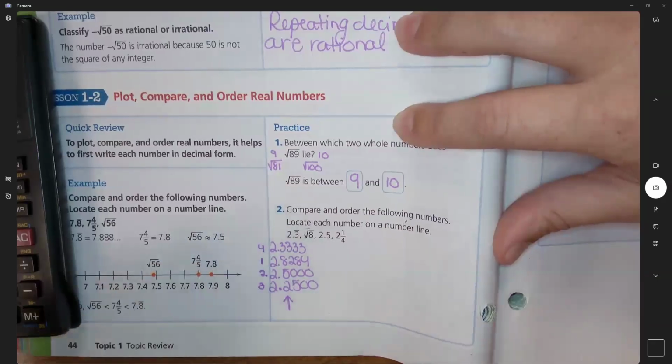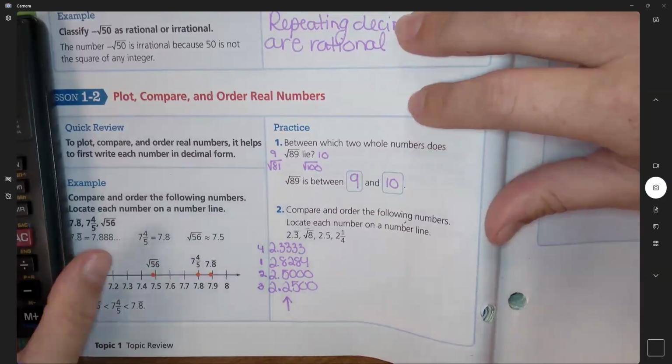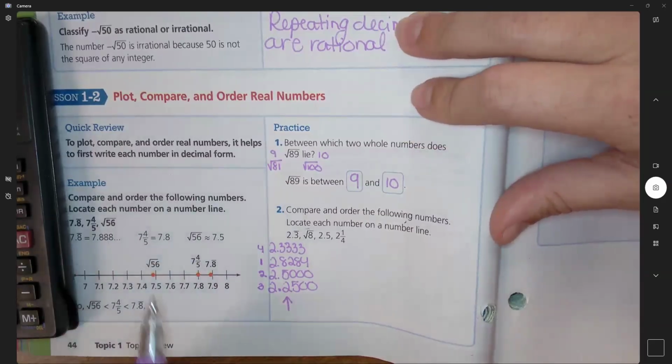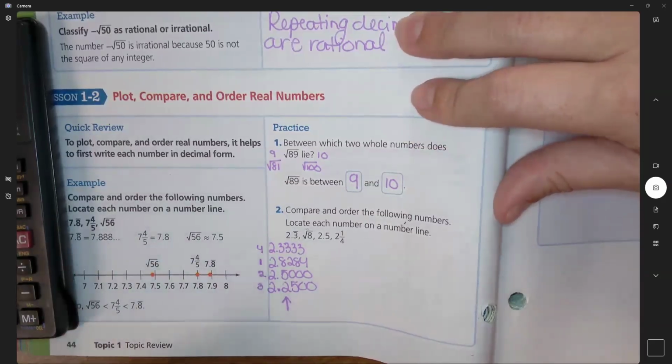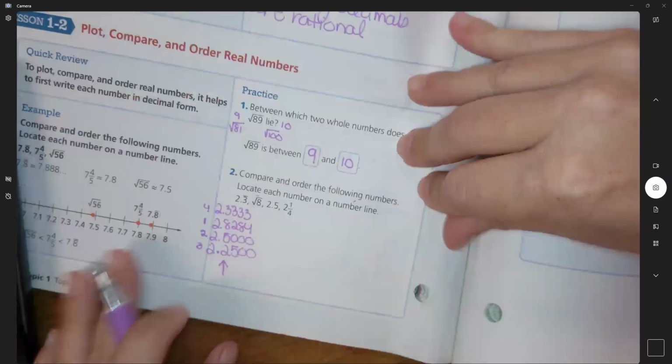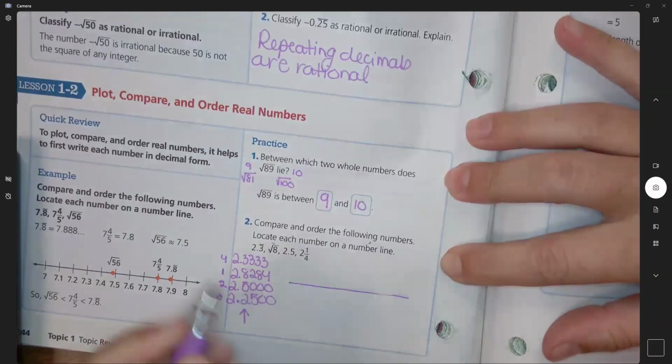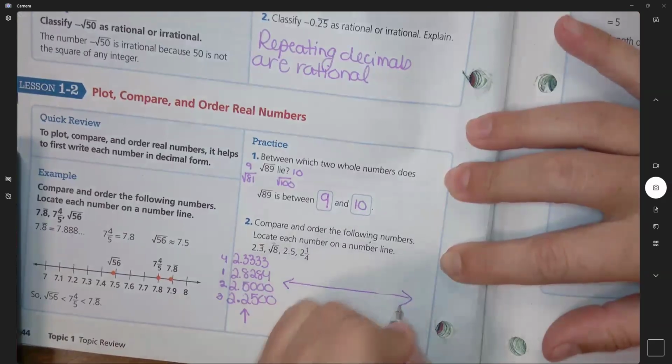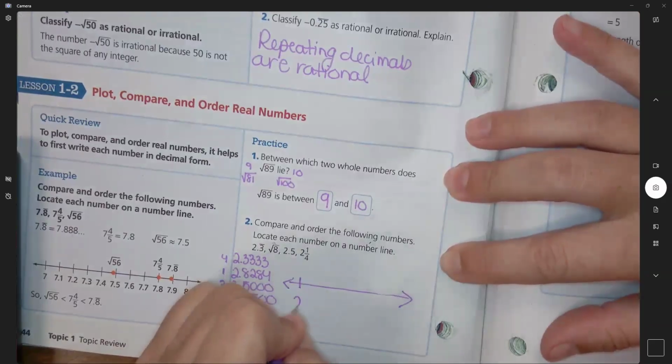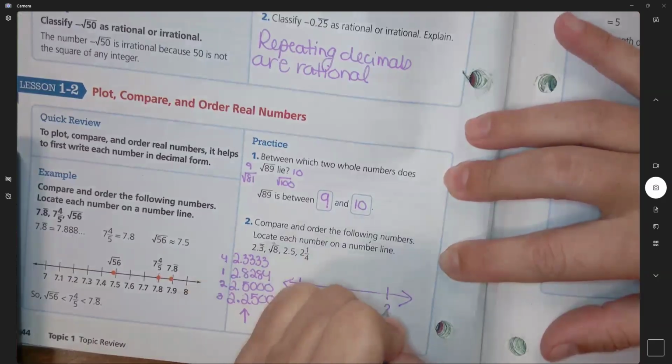It says to order them and locate them on a number line. So they all fall between which two whole numbers? They fall between 2 and 3.